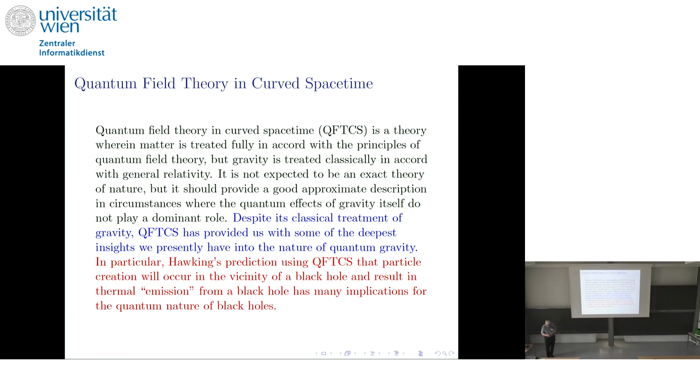And what I want to do is give an overview of the mathematical framework of the subject. So might start by saying what it is. It's a theory where matter is other fields besides the metric, that's treated in accord with the principles of quantum field theory, which I'll explain to you about.